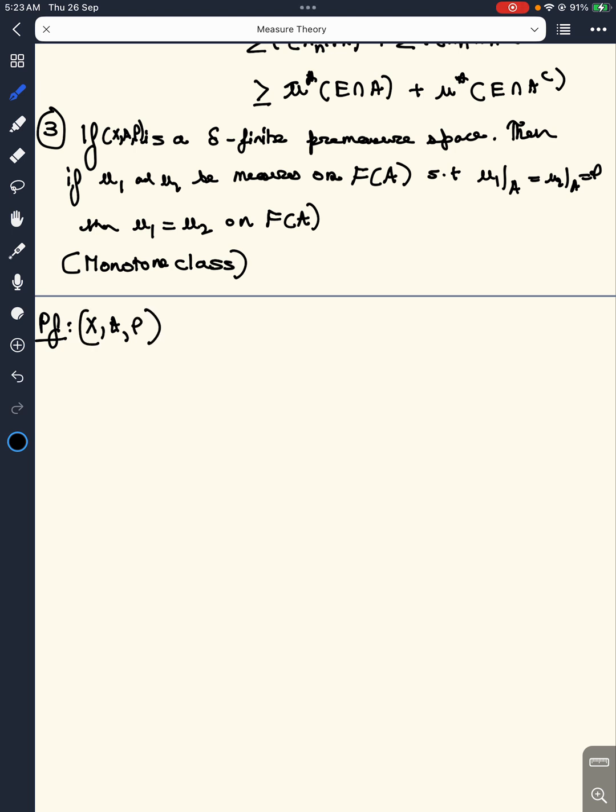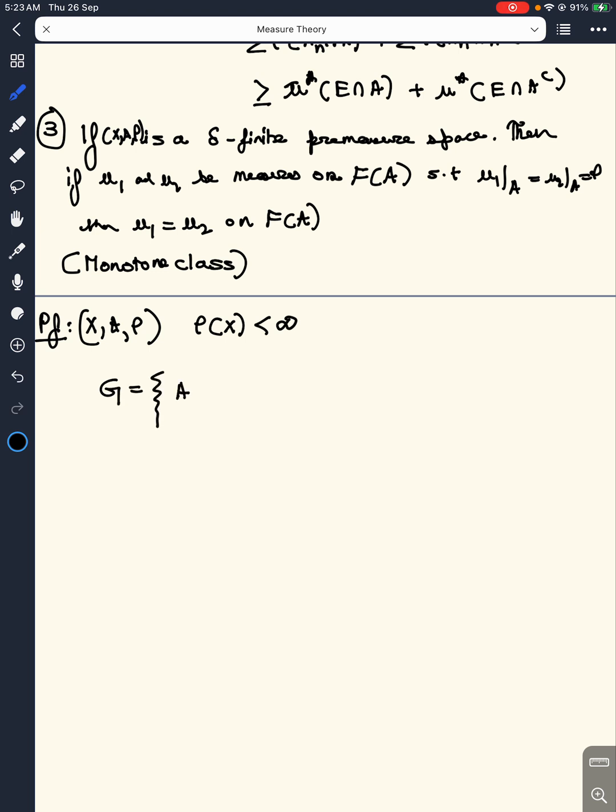That is, rho of X is finite. So mu1 and mu2 are finite measures because mu1 and mu2 restricted to A is rho. Define G. This is called the good sets principle.